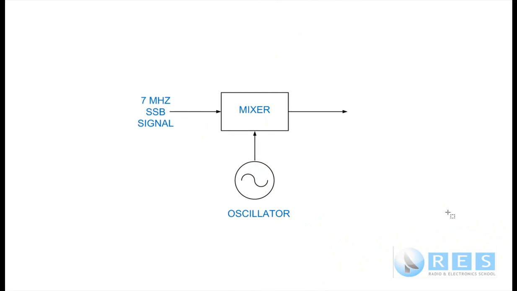What I've put up on screen is a mixer, and the mixer is just the amplifier we were talking about before. It's a Class C amplifier, and it could be used to amplify, but in this case we're going to deliberately use it to mix signals for us.